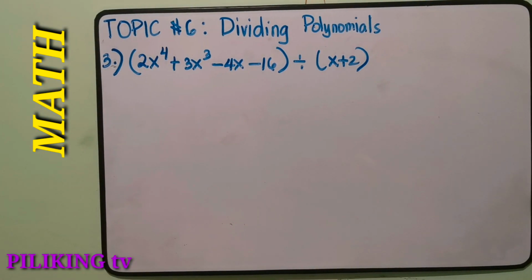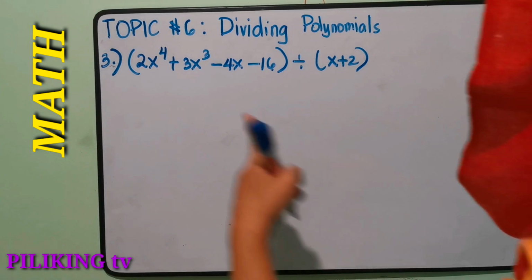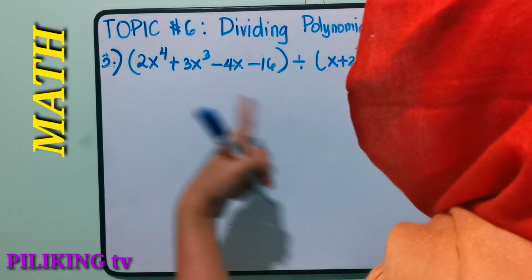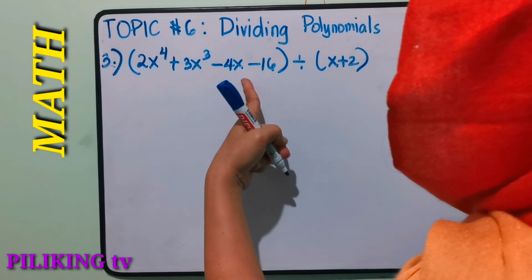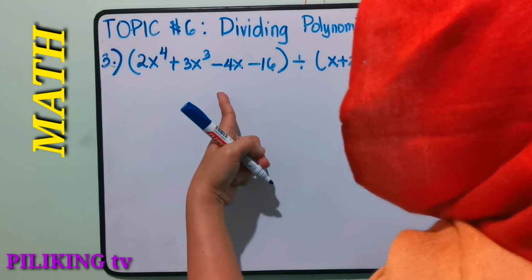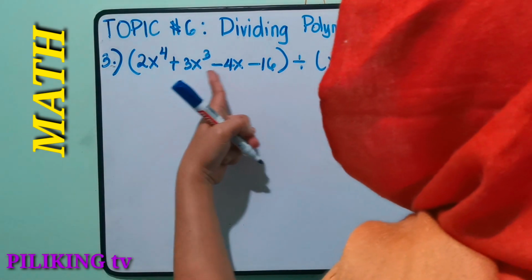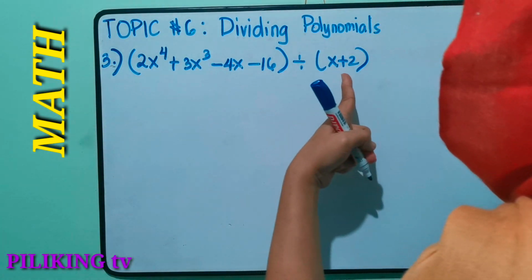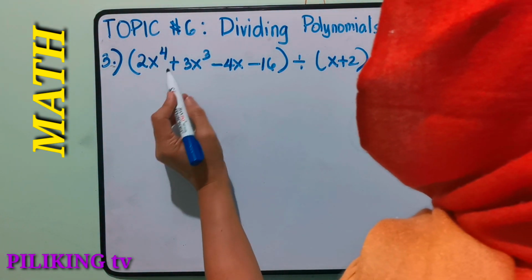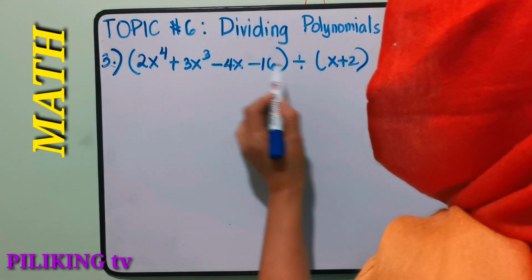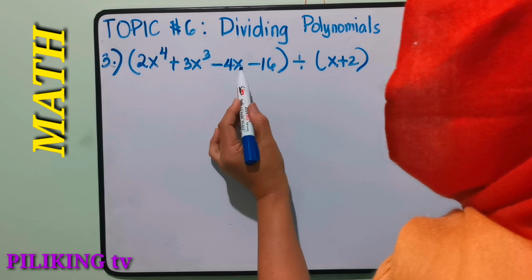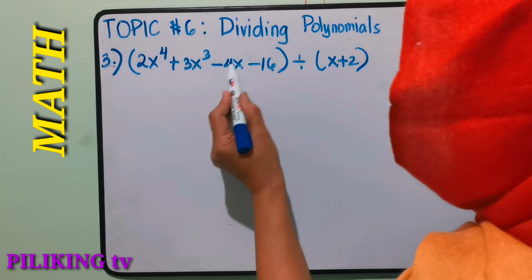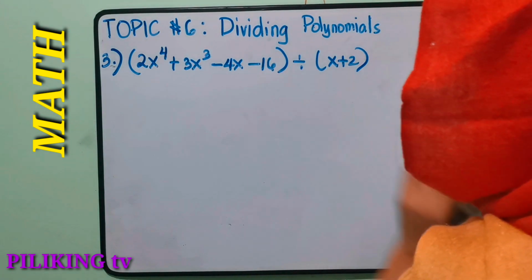Okay, so our first step, you're going to write in the form of the divisor and the dividend, wherein see to it that it should be in the descending power of x, both the dividend and the divisor. Since as you can see, it is already arranged in descending power. So we have x raised to 4, x cubed. Then we do not have x squared. Then we have x.